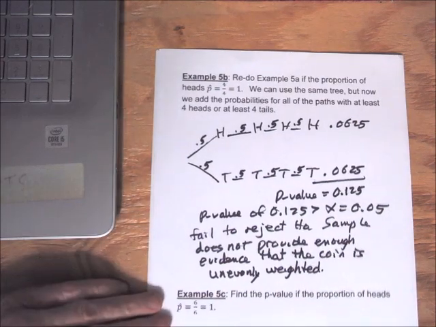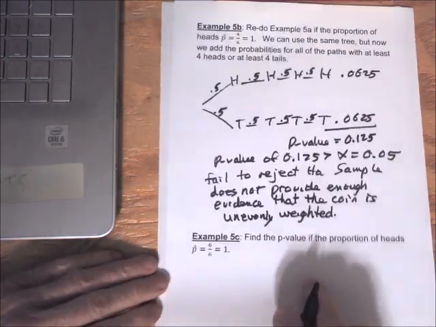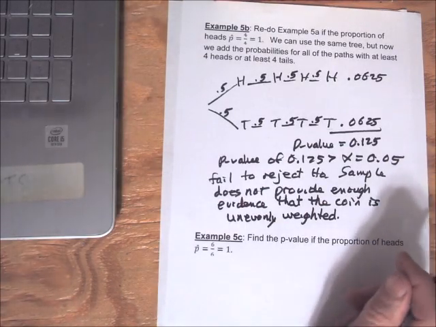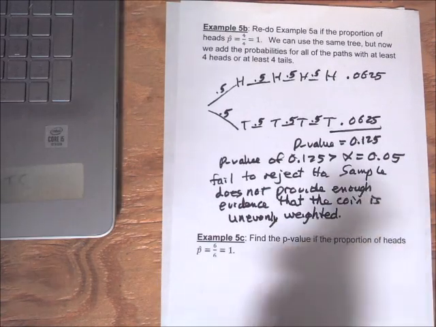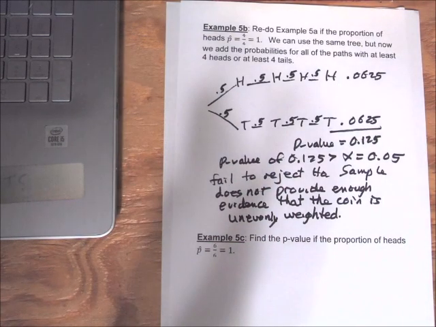Okay. Example 5c, find the p-value if the proportion of heads is 6 out of 6. Okay, so again, we only need to look at the 2 extremes. The full tree would have, keep in mind that each time you add a toss of the coin, the number of paths doubles.